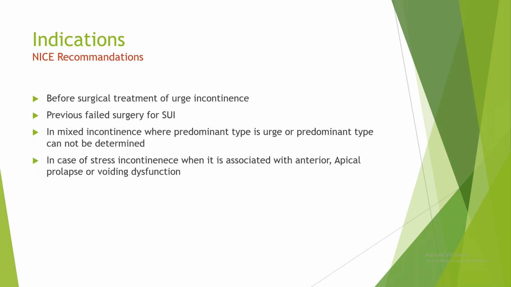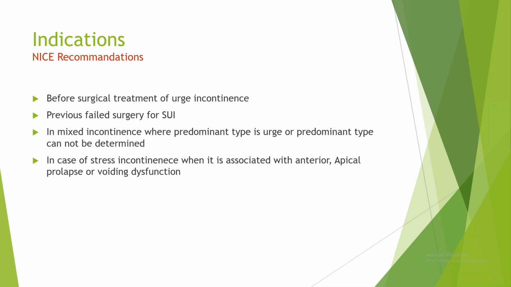Now, when to do these studies? This is the most important part because these are the recent recommendations from the NICE guideline 2019. You are required to do urodynamics before surgical treatment of urge incontinence. Before conservative treatment, there is no need to do urodynamics.